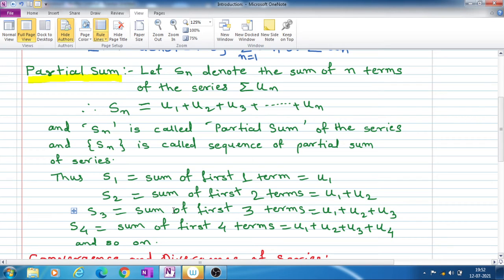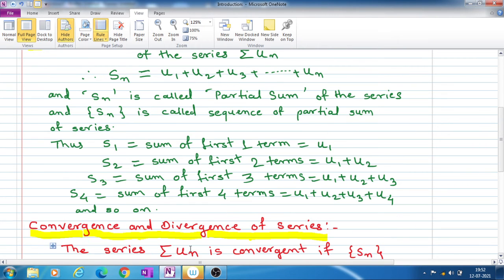S2 is the sum of the first two terms, u1 plus u2. S3 is the sum of the first three terms, u1 plus u2 plus u3.